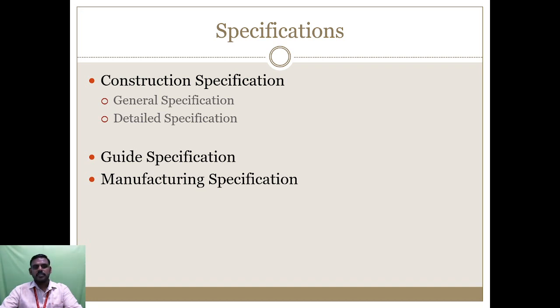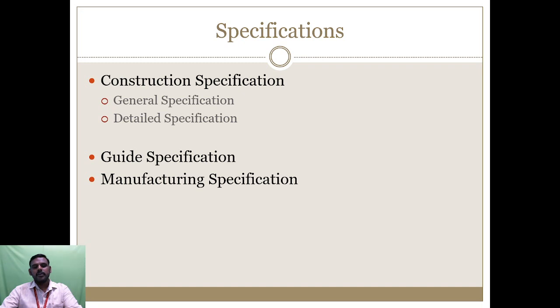In the general specification, the details of the material to be used based on the place, and the quality, are decided based on the design requirement, that is, the strength required to resist the load. So the general specification is based on the requirement of the structural element to resist load.